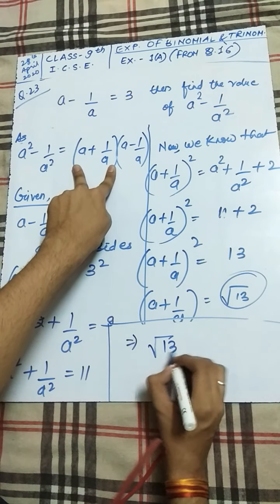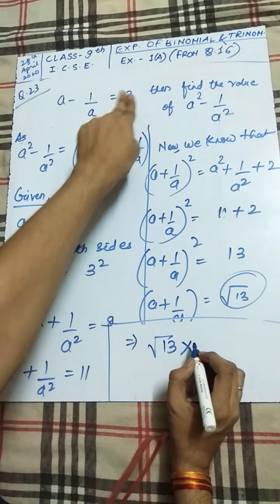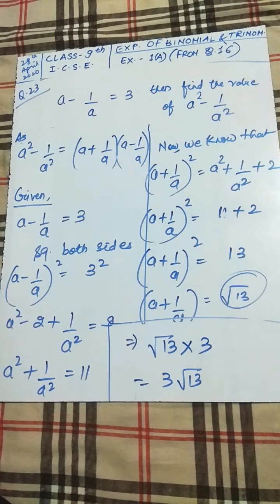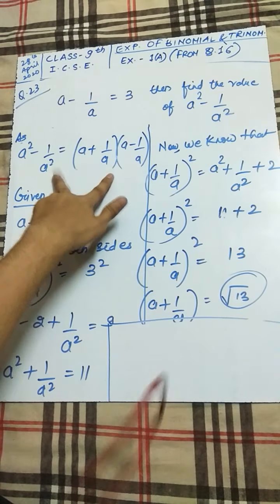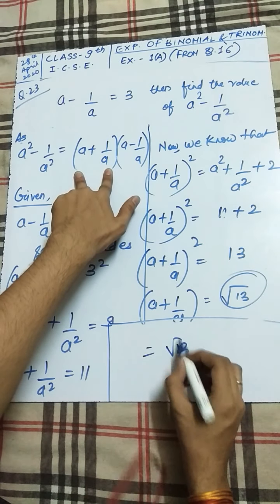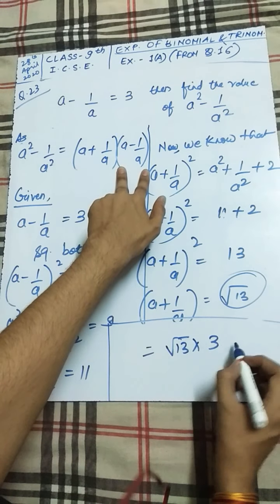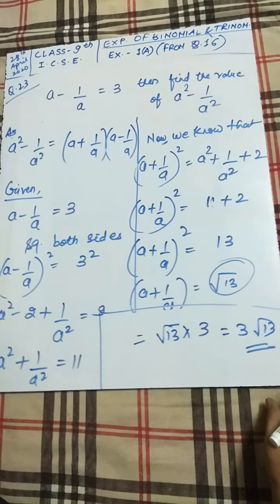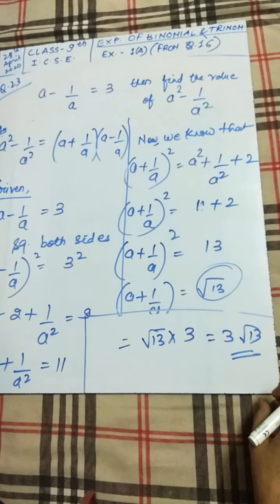So under root 13 into a minus 1 upon a, you already have 3. So 3 root 13 is the final answer. So how will you write here? Again you write, then in place of this, you write under root 13, in place of this write 3, and on multiplying, 3 root 13 is the final answer.